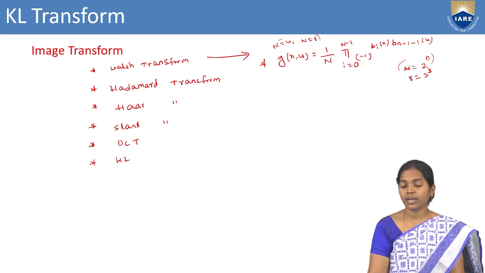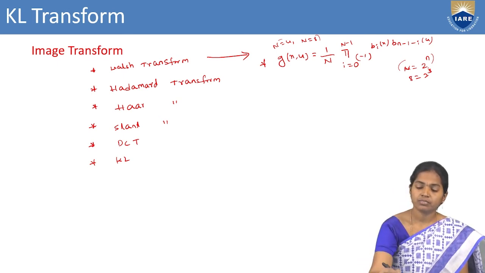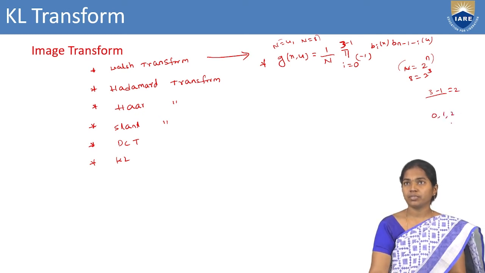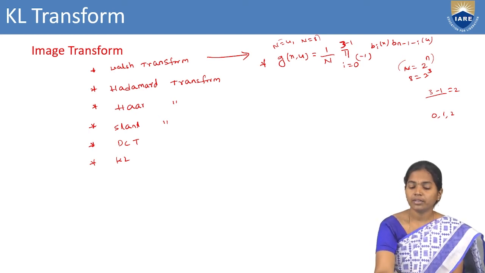Here the i value varies from 0 to small n minus 1. Small n minus 1 means 3 minus 1, that is 2, so the i value is 0, 1, 2. So based on that, calculate if capital N equals 8, the product for i equals 0 to small n minus 1.